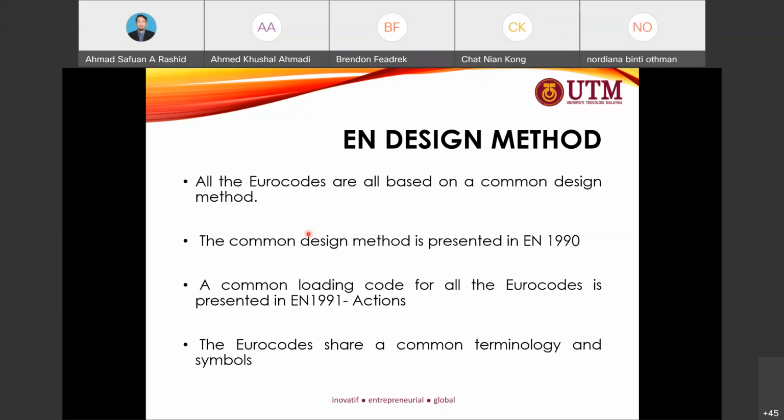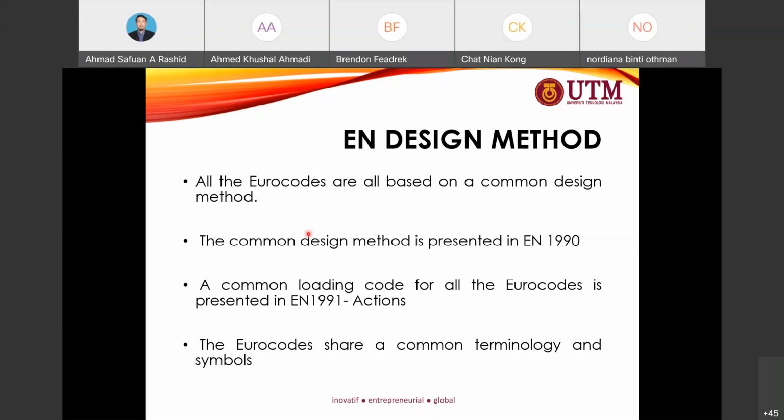However, there are some modifications. Previously, we decided, for example, the factor of safety to be used. For example, in foundations, commonly we use a factor of safety of 3.